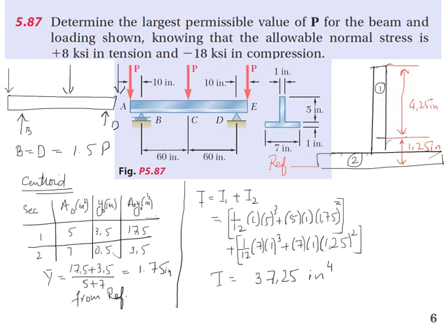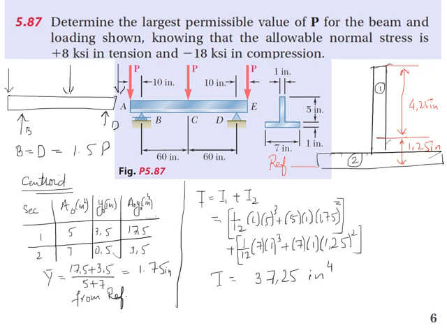So we have to find the maximum value of bending moment, but we have to consider the cross section as well. So for that, we have to draw the bending moment diagram. We have to find the shear force.